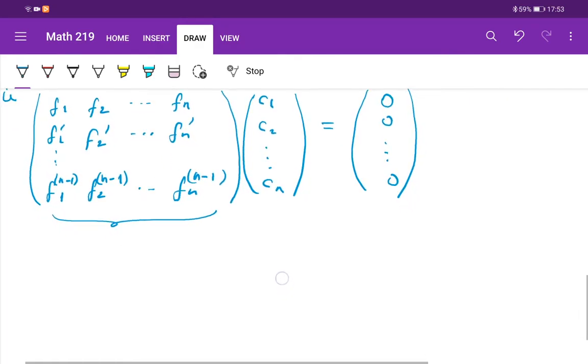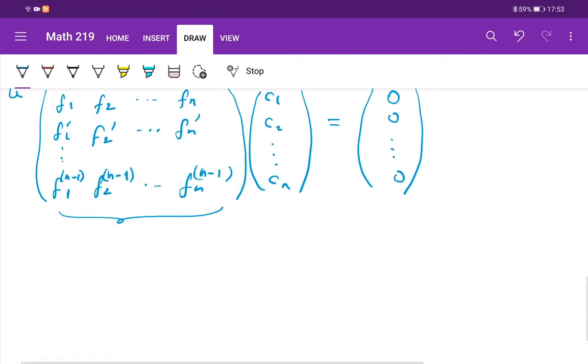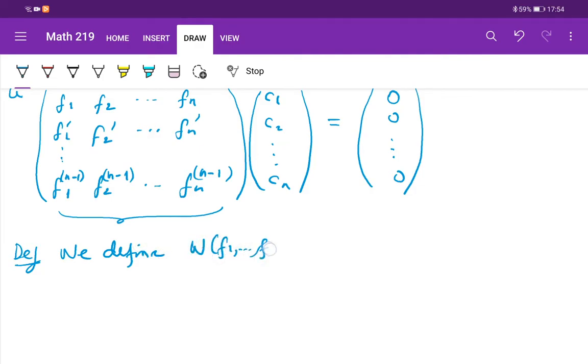So let's write a definition. We define W(f1, ..., fn), a function of t, to be the determinant of this matrix above.